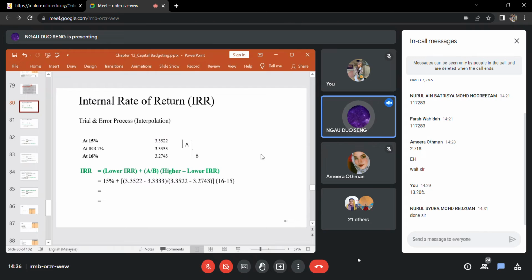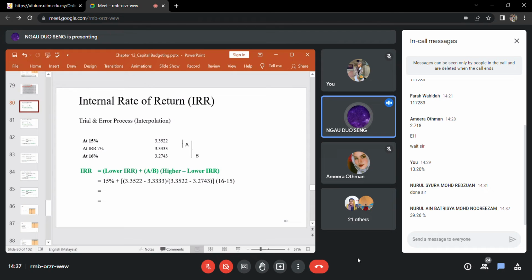All right, how many percent? 39. Calculate.